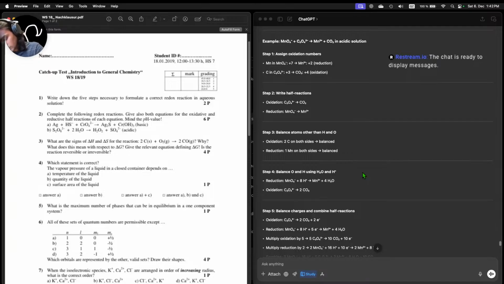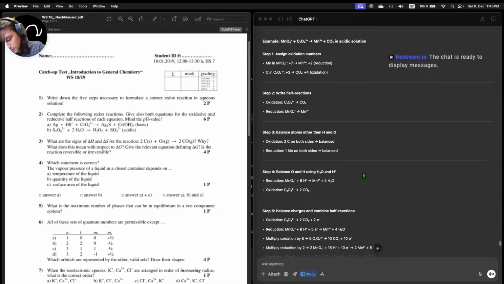So MnO4 minus to Mn2 plus. Let's take Mn as x plus 4 times oxygen's oxidation number of minus 2, with the overall charge of minus 1, x equals +7. Here x equals +2, minus 4 electrons. So manganese gained these 4 electrons, therefore it's the reduction. Manganese undergoes reduction.